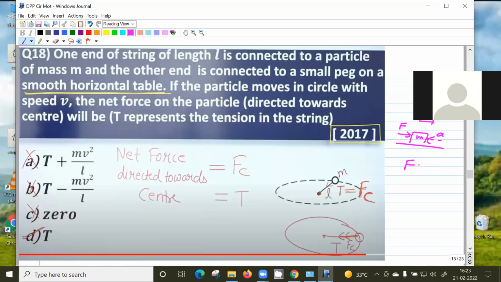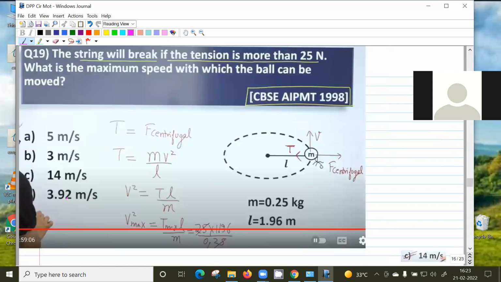That does not mean the net force is F minus m a. This is not correct. The net force is F only. Yes, sir. Same thing here: the centrifugal pseudo force is actually a centripetal acceleration. So for the force, we just have to input the tension. Only the tension.